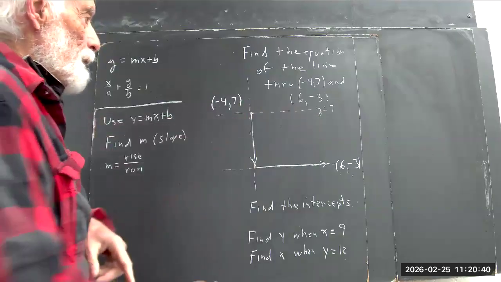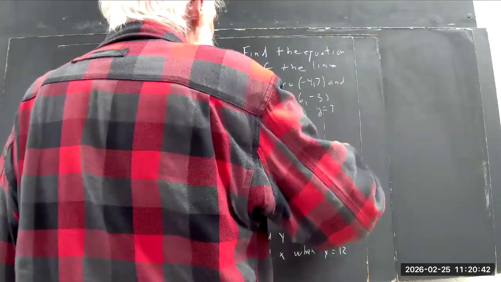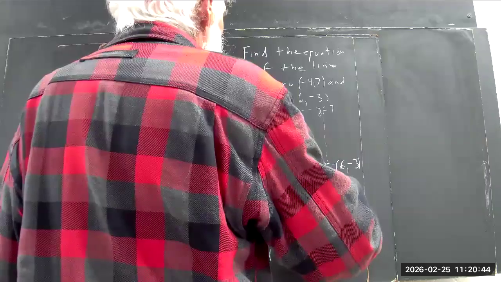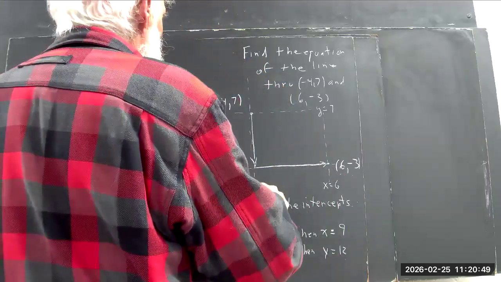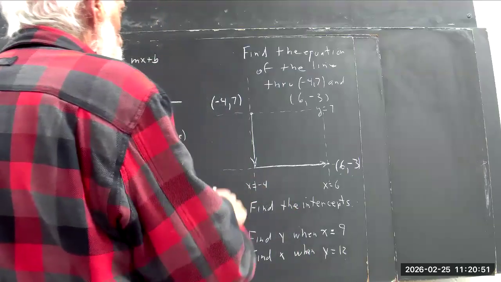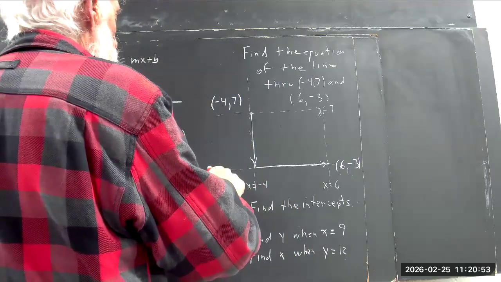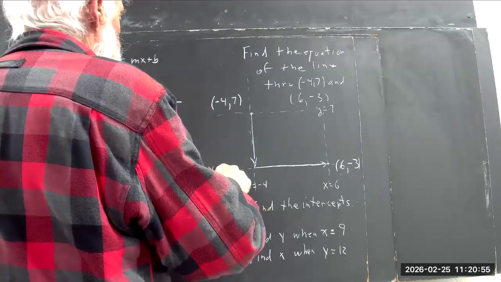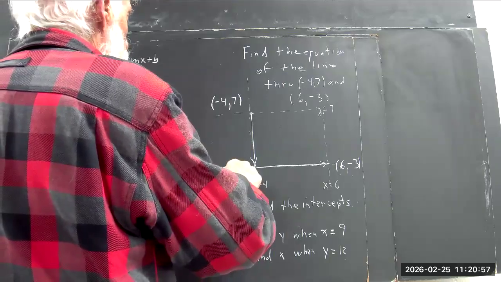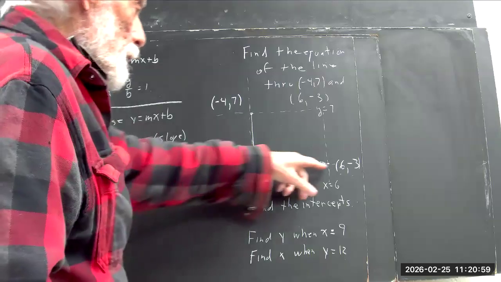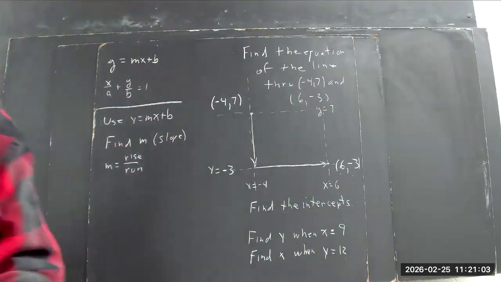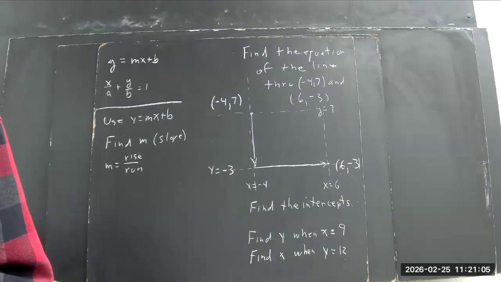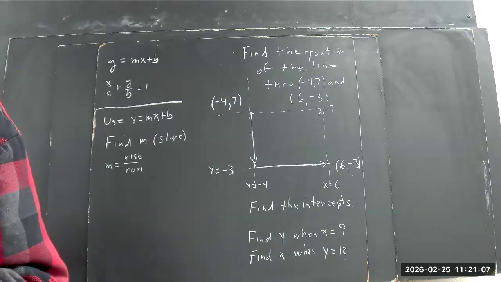This line, y equals 7. And on this line, x equals 6. It's helpful to sketch those lines when you have 2 points. It's not necessary, but it's helpful.